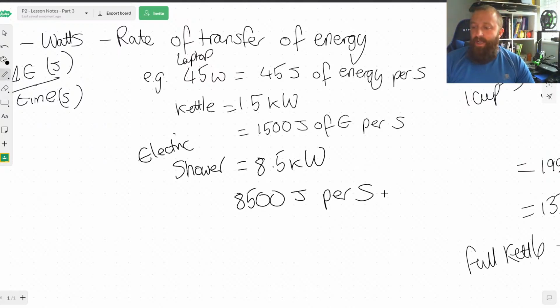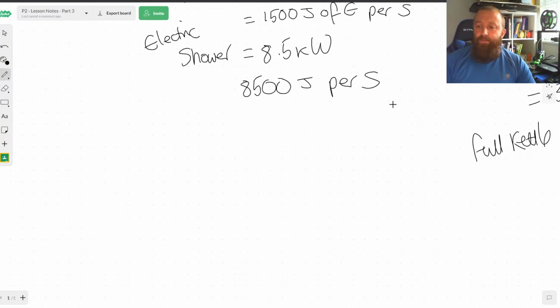You can imagine, if you're someone like my sister, who might spend 20 minutes in a shower, then we can do the calculations to work out how much energy she's going to use if she was in our house and had a 20-minute shower.